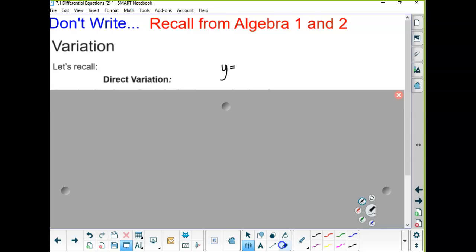Y equals, how about we do it this way? Y equals x. However, if they're not exactly the same, if they're directly proportional, that means they only differ by a multiplying factor. So hopefully you guys remember seeing this and thinking of this as your direct variation.